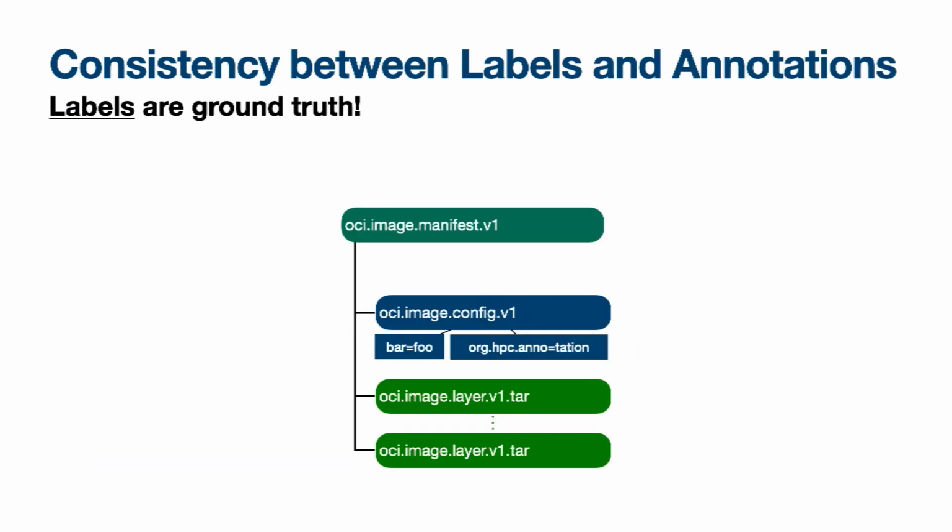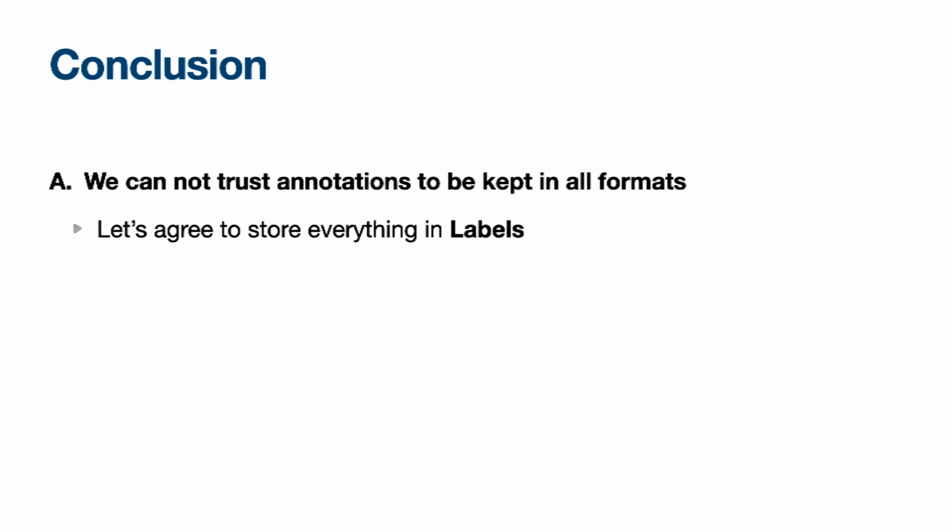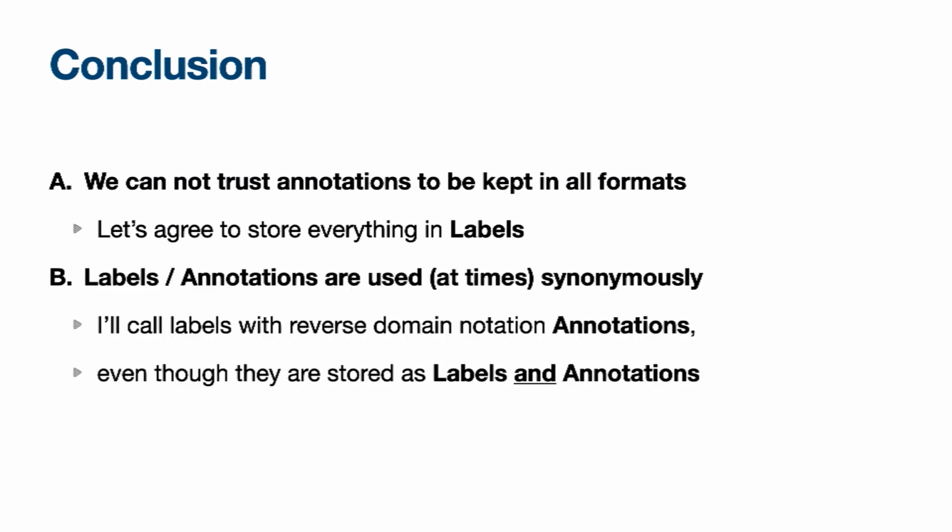Another ground rule is that annotations should not contradict the ground truth of the labels in the config object. So if we have the same key, we should have the same value. Otherwise, that's a violation of the truth, right? Because the labels are ground truth, and you cannot just override values at the higher level. And the first conclusion is that we cannot trust annotations in these different formats, so we need to store everything in labels anyway.